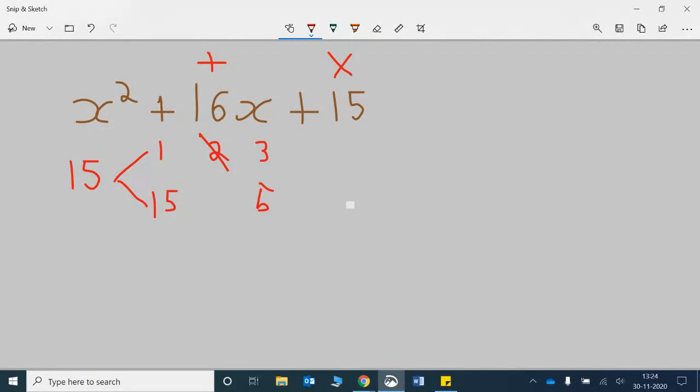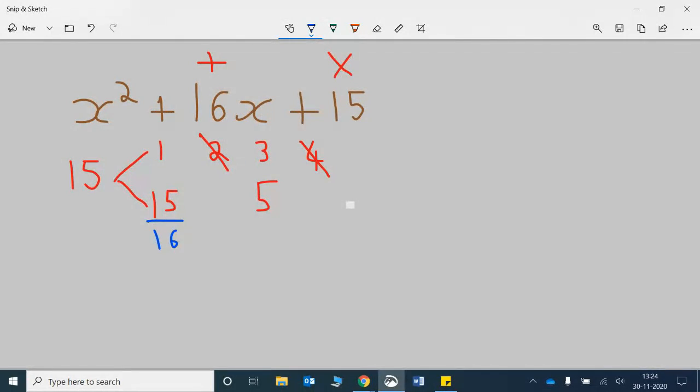Again, you can do that on your calculator if needs be. And then let's try 4. We can see that 15 is not in the 4 times table, but again, you can check that if you're not sure, 15 divided by 4 is not going to work. And then we're back to 5 again, which we've already got. So we don't need to go any further. Let's add them up now.